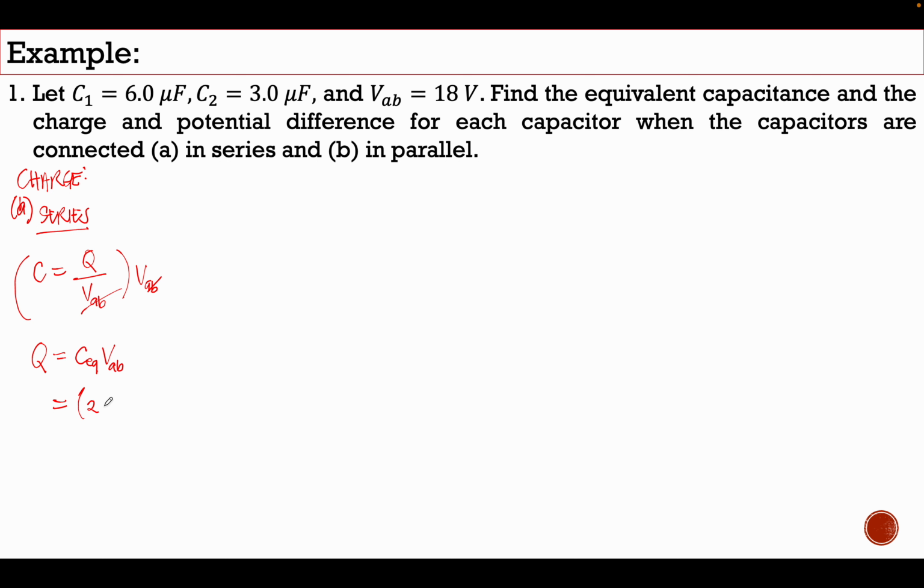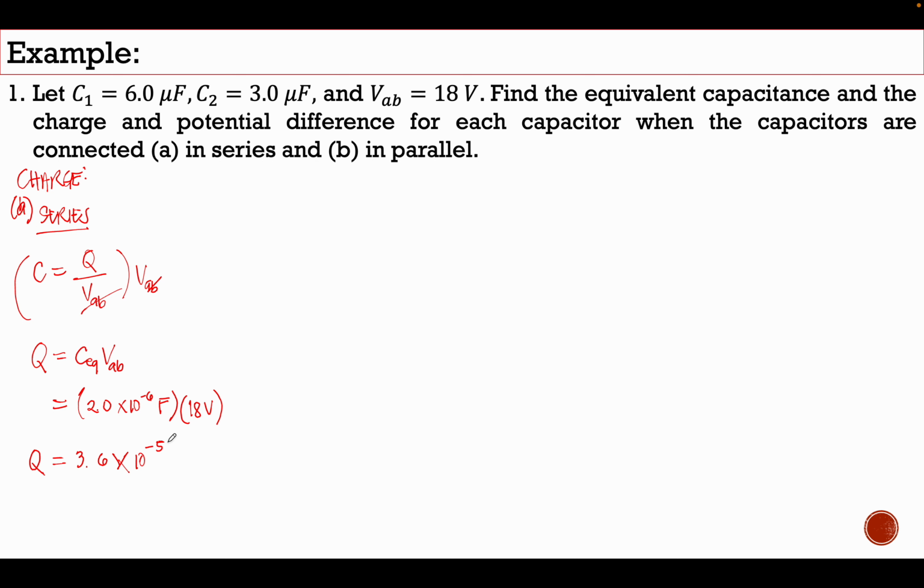So we have 2 times 10 to the power of negative 6 farad times VAB, which is 18 volts. So Q is, okay, let's calculate. 2 times 10 to the power of negative 6 times 18 is equal to 3.6 times 10 to the power of negative 5.